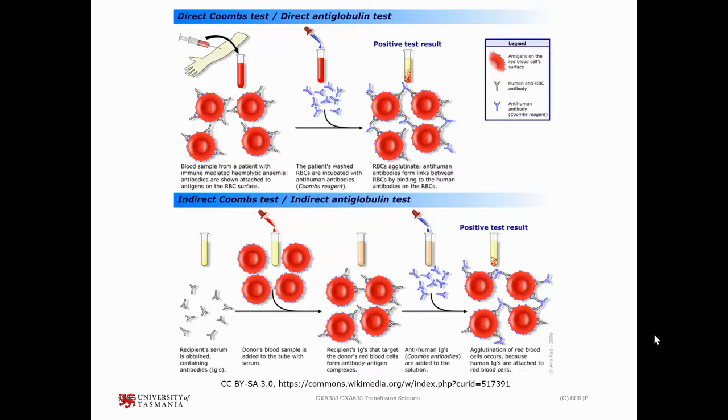Whereas the indirect antiglobulin test, we are testing the patient plasma, and if there is an antibody in the patient's plasma, then we are sensitizing our reagent red cells with that antibody, and then add our Coombs reagent in each case, and then we can get a positive or negative test result.